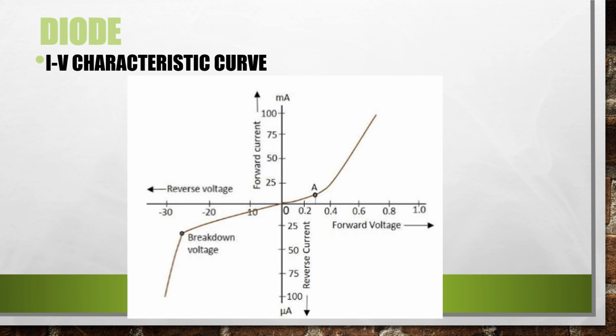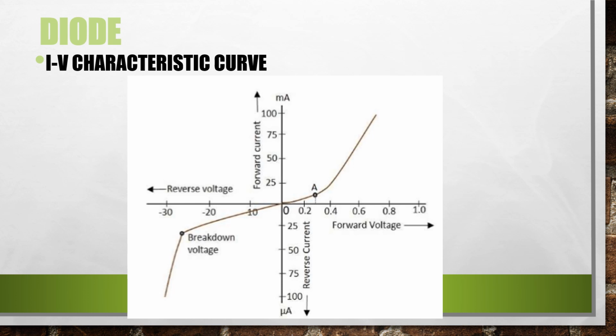Such a voltage is called cutoff voltage or knee voltage. If the forward voltage exceeds beyond the limit, the forward current rises exponentially, and if this is done further, the device is damaged due to overheating.